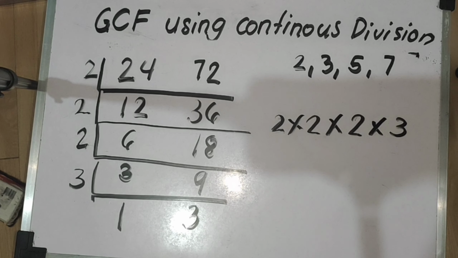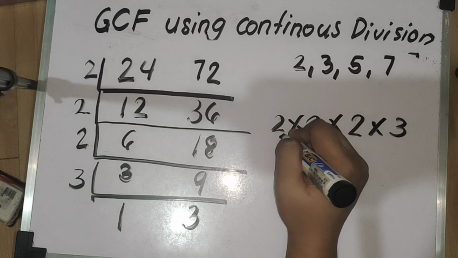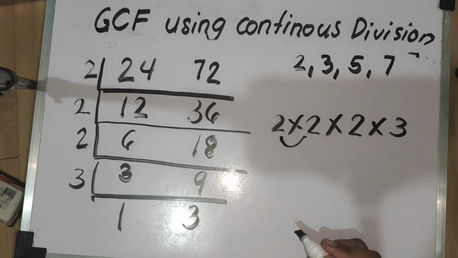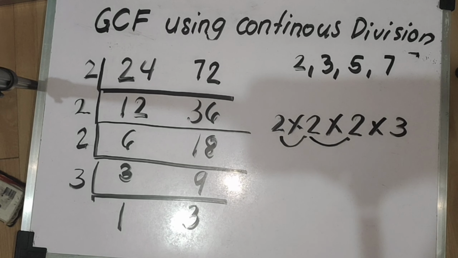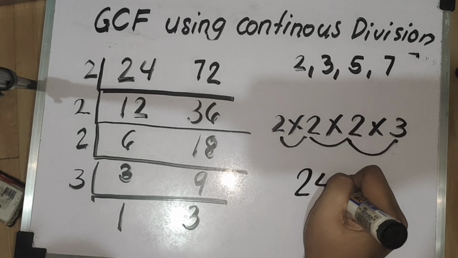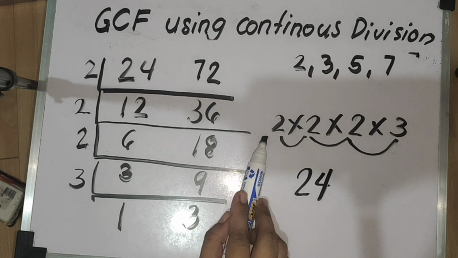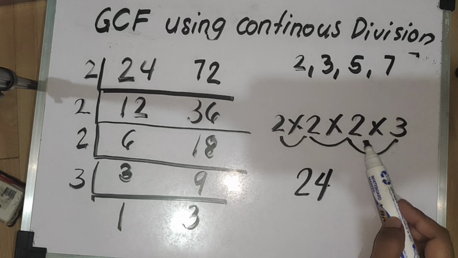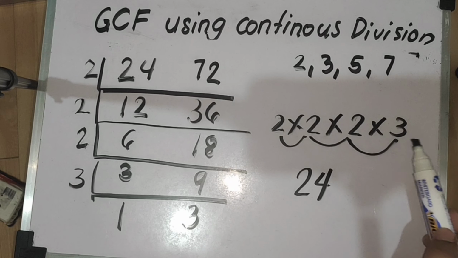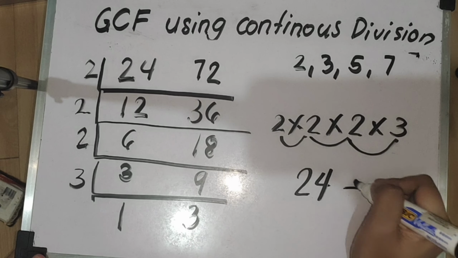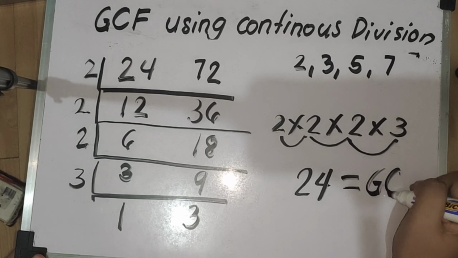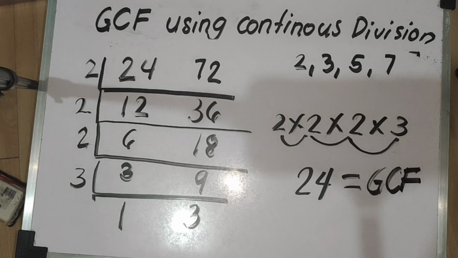So, imumultiply natin silang lahat. 2 times 2 is 4 times 2 is 8 times 3 is 24. Tama ba? Again, 2 times 2 is 4 times 2 is 8 times 3 is 24. Therefore, our GCF is 24.